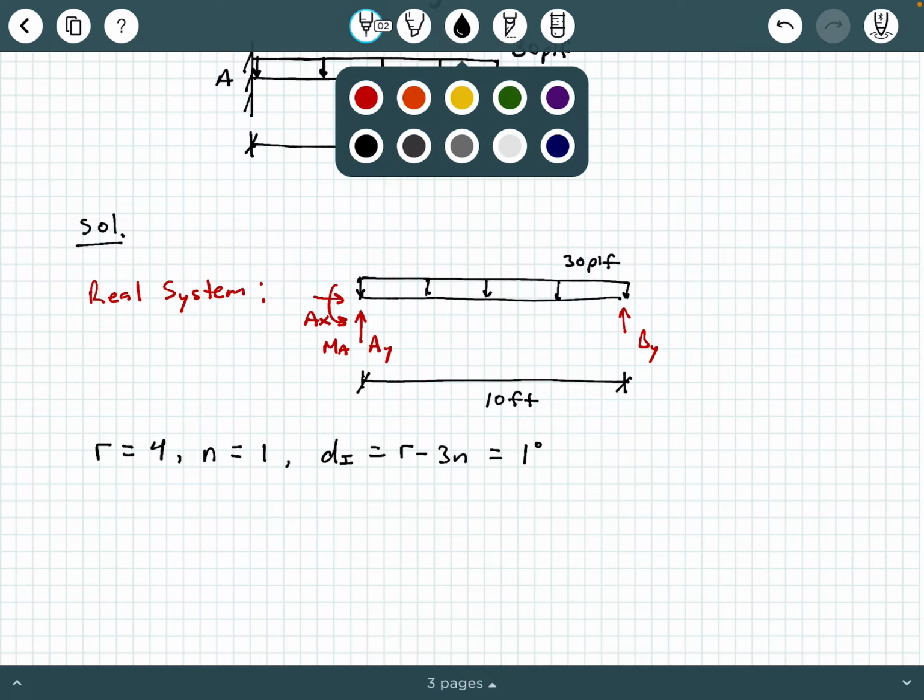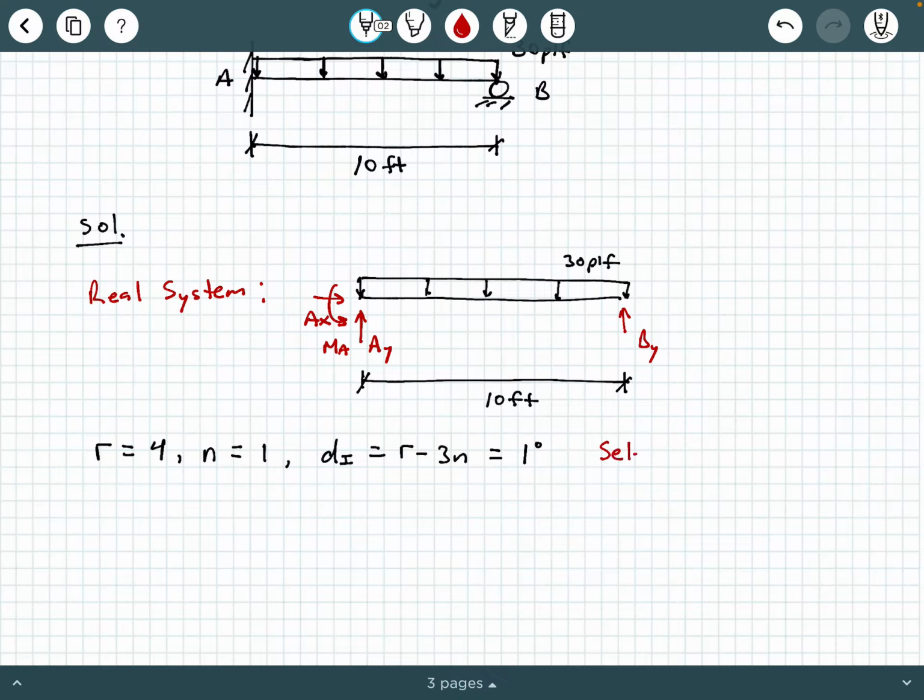So let's write that down. We're going to say select BY as the redundant. You need to remember that you have some options here. You don't always have to select one particular reaction as the redundant, but you have to select your redundant such that your primary system will be both statically determinate and stable.